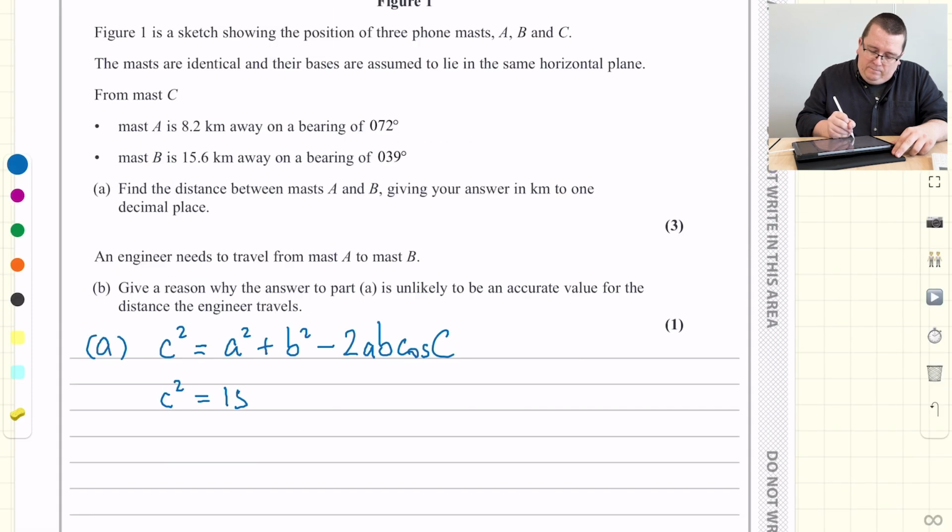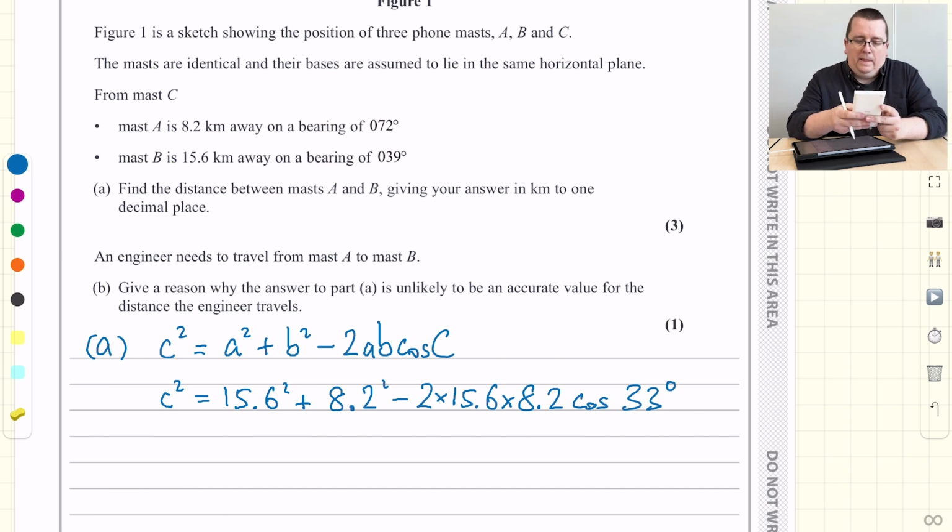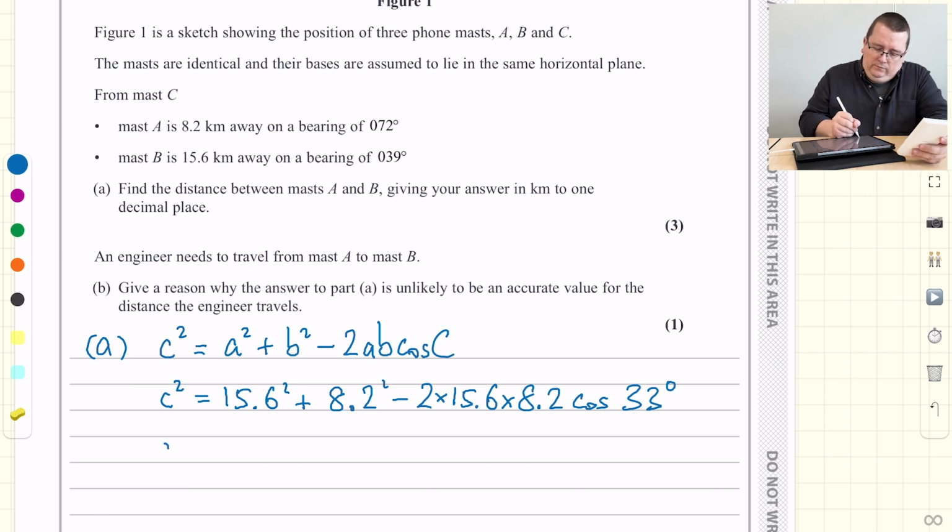So 15.6 squared plus 8.2 squared, take away 2 lots of 15.6 times 8.2 times cosine of the angle 33 degrees. So 15.6 squared plus 8.2 squared, take away 2 lots of 15.6 times 8.2 times cosine of 33 is 96.034519.